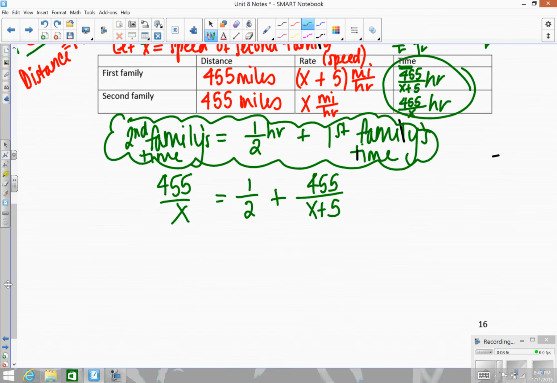So I want to go ahead and solve this. Again, I can't use cross multiplication because I have a fraction equal to a fraction plus a fraction. So I'm going to have to figure out the LCD. The smallest combination of all of these is going to be the LCD, so 2 times x plus 5. I'm going to multiply every single piece by 2 times x plus 5, so times 2x times x plus 5.